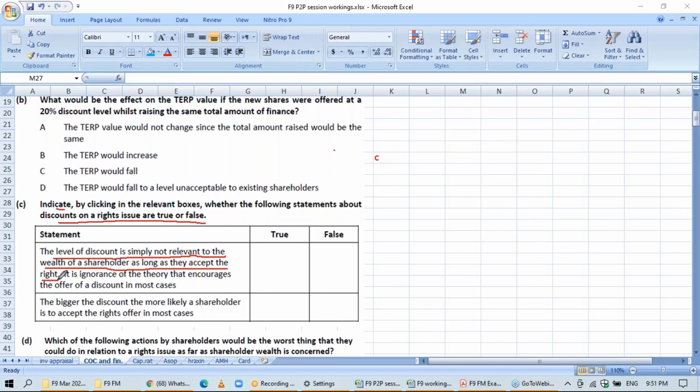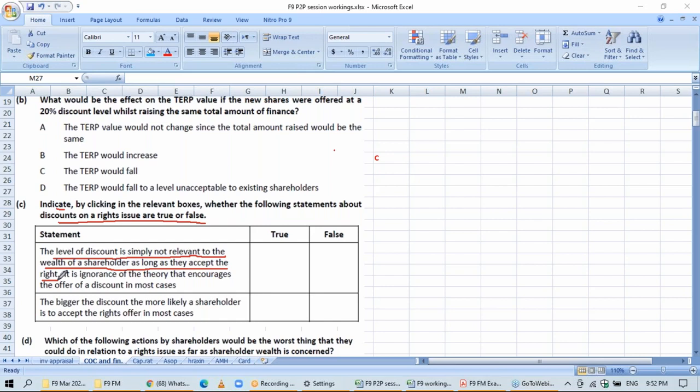Why? The reason is that, as you saw, the market value in part A was 20. Once the rights shares are issued, the market value declined to 19.6. If a person was holding 4 shares at $20, now his share price declines, so the value of his 4 shares goes down.